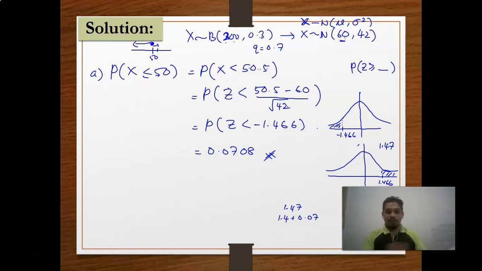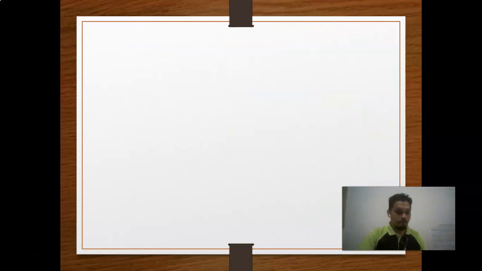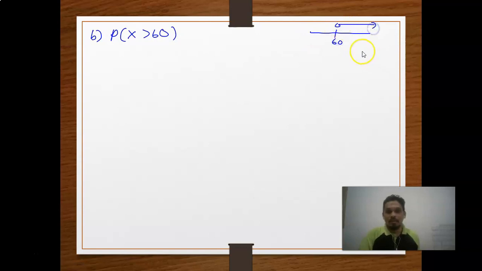The next question, B: probability of x greater than 60. The direction is to the right, and it does not include 60, so we take a 0.5 step to the right, just like before.